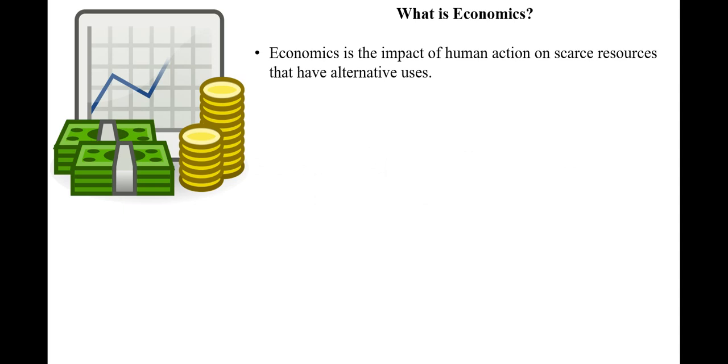So this sentence, every word here is carefully chosen to talk about what economics actually is. And here's the sentence. And this is a conglomeration of a few things. Economics is the impact of human action on scarce resources that have alternative uses.